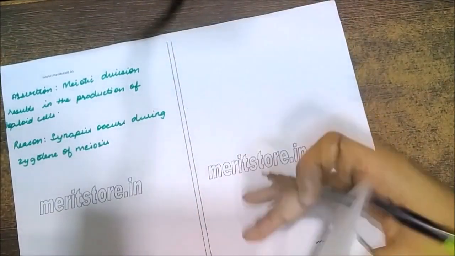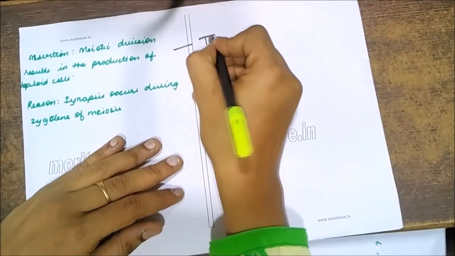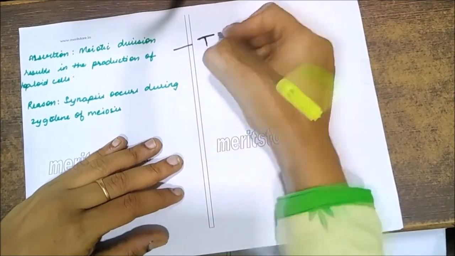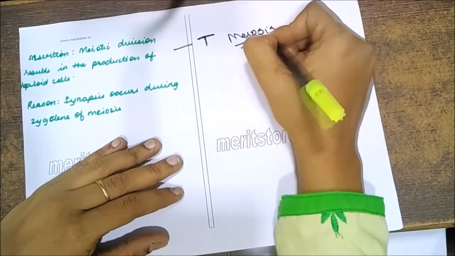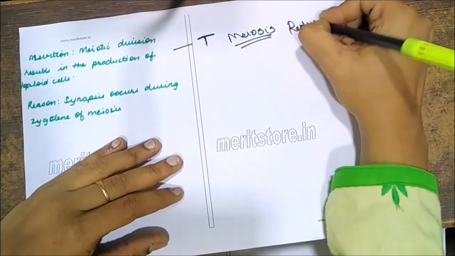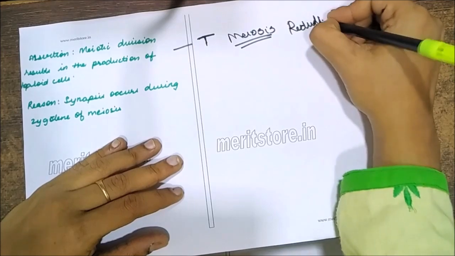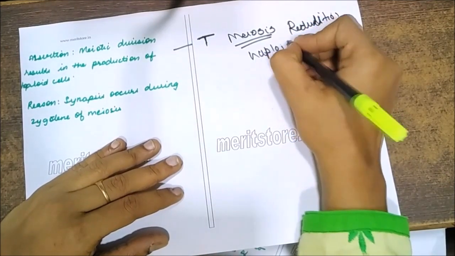Next, meiotic division results in production of haploid cells, which is true. Remember here, during meiosis there is a reduction in the genetic component. Haploid cells are produced.